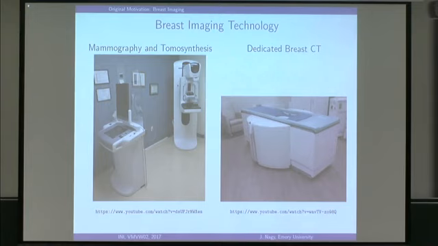It takes up a lot less space, is cheaper to construct, and turning a mammography machine into a tomosynthesis machine is a small change. Of course, CT will give you better resolution, but the machine is bigger, and it's not as easy to climb on top of this bed if you have mobility issues and so forth.